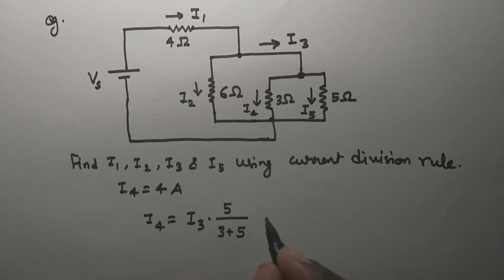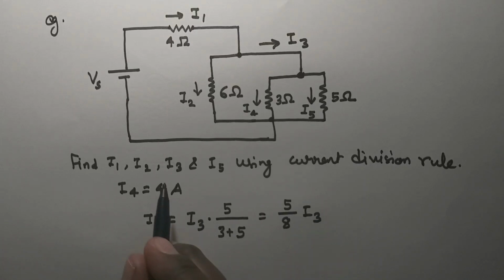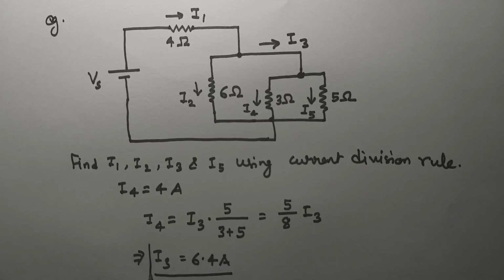So it will be equal to 5 by 8 I3, and I4 is given as 4 amperes. So here we will get I3 as 6.4 amperes. After calculation we will get 6.4 amperes.